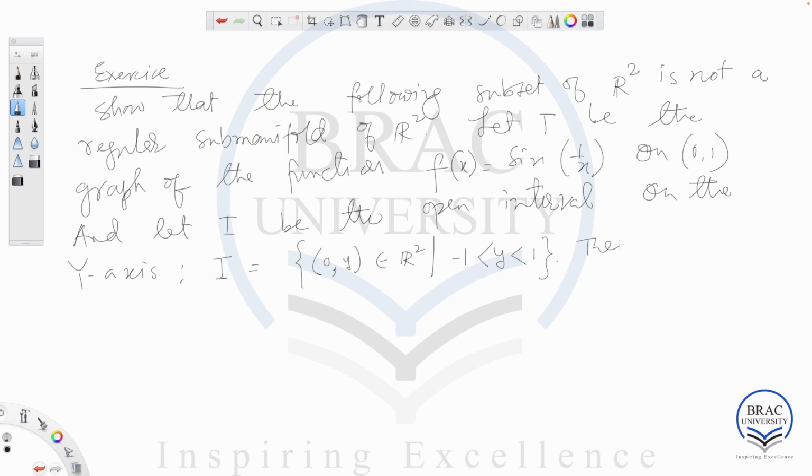Then I define S to be the union of these two sets, gamma and I. I is this set.